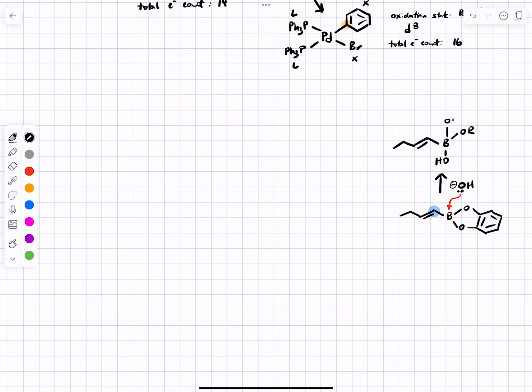And I'm going to represent the catechol borane portion of this molecule with these two OR groups.